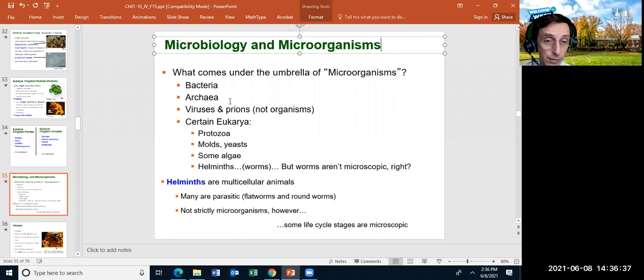And this may surprise you. The helminths, meaning what most people call worms, are considered a microorganism. But most worms aren't microscopic, right? So why are we considering the helminth a microorganism?